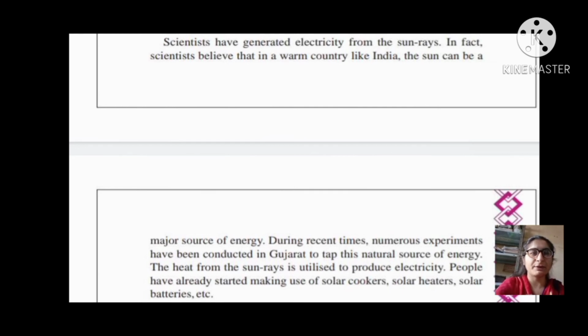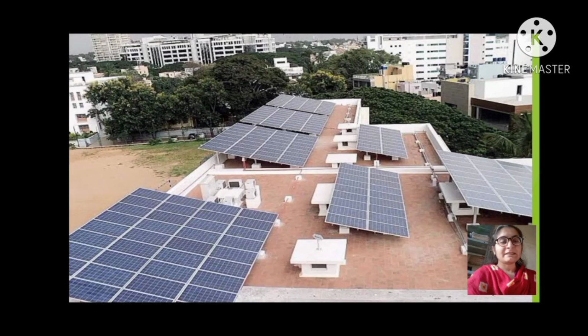Now I will explain and then ask some questions. Scientists have successfully converted the hot sun rays into electricity. They firmly believe that a country like India can be a main source of energy. During recent times, in Gujarat, multiple experiments are running on the natural source of energy.